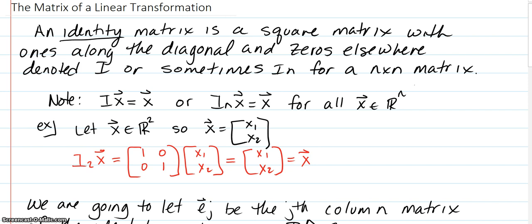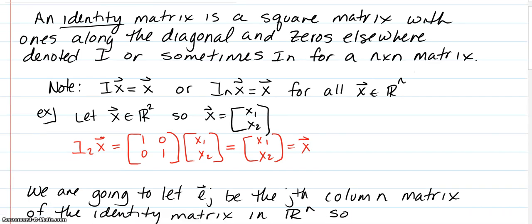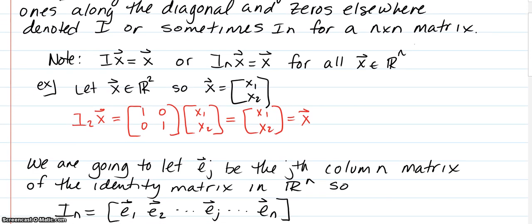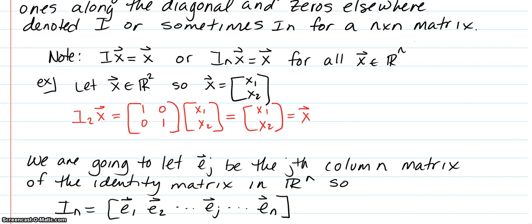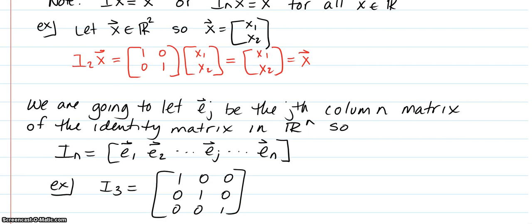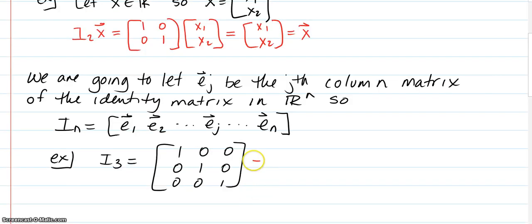We are going to let E sub j be the jth column of the identity matrix in R^n. So I_n, your identity matrix, can be written as E1, E2, up to En, all the columns in terms of E. This is going to be useful in this section as well. Let me do an example of that. So what would I3 be written as?